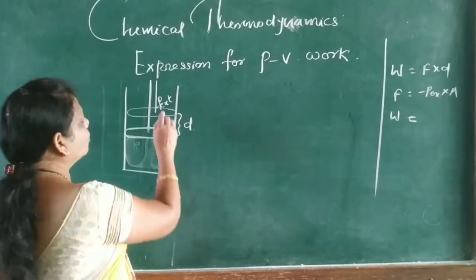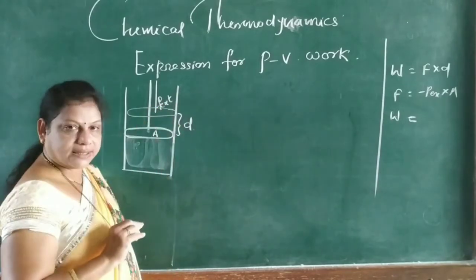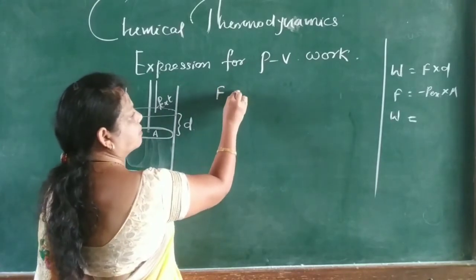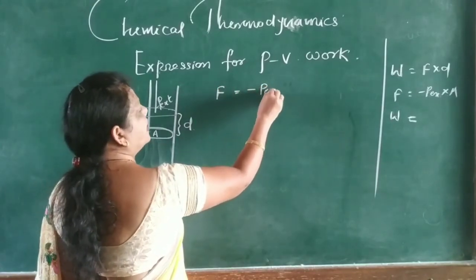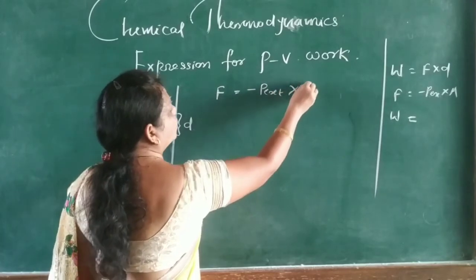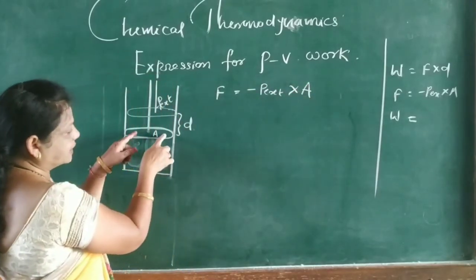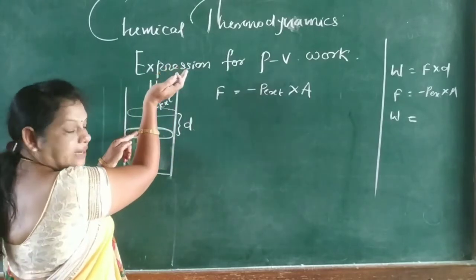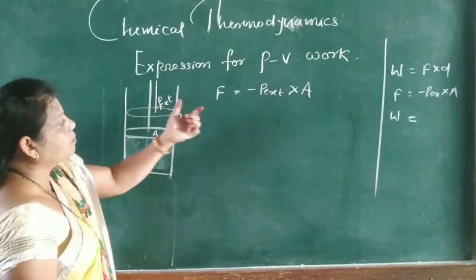Therefore it is minus P external. So here force is equal to minus P external into the area of cross section of the piston. That is called the force.